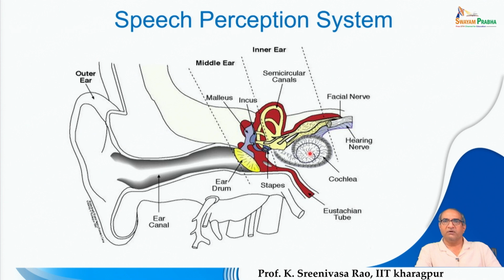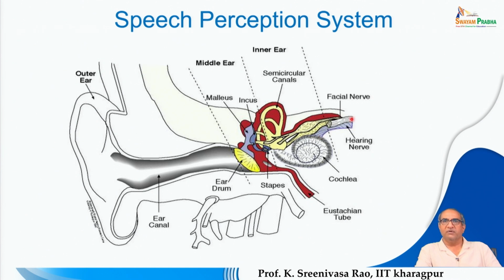In the inner ear we have the cochlea, an organ in a spiral fashion. In the inner ear there is liquid, and this inner ear is connected to the hearing nerve, also known as the auditory nerve.